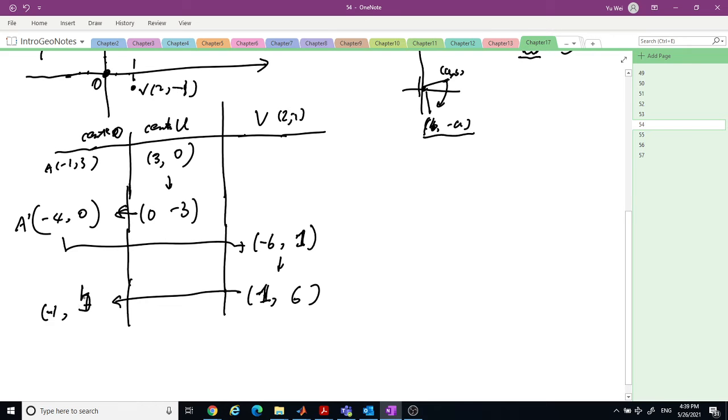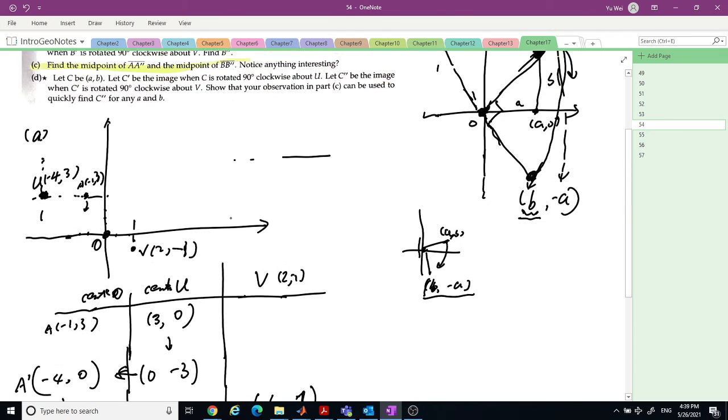Sorry, 1 plus 2 is 3. Since we take out the 2, this one should become relatively small, so we need to add 2 to convert it to 3. Okay, so it's converting back. Now we have A prime prime. Okay, so this is the process.